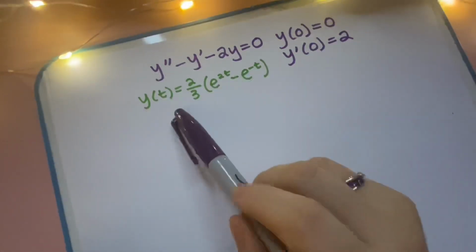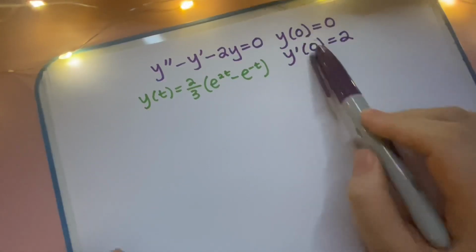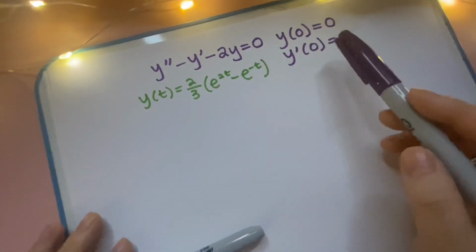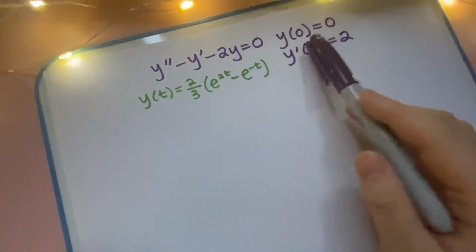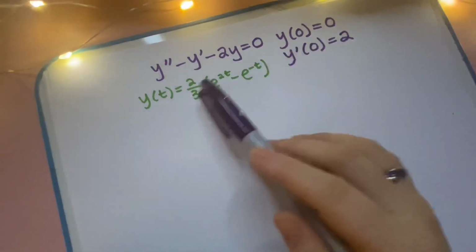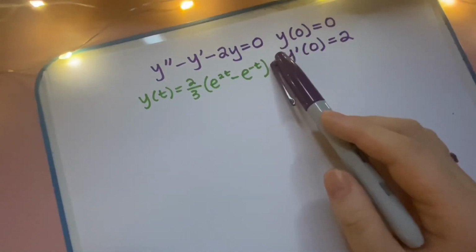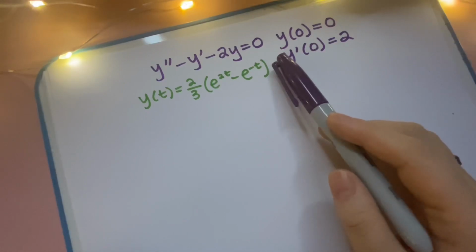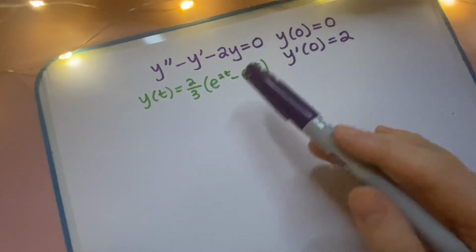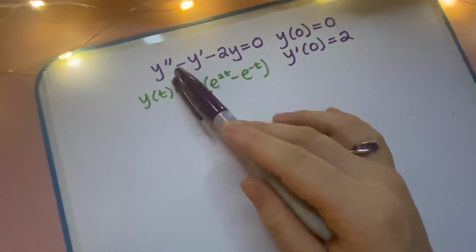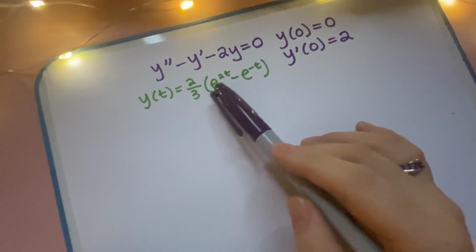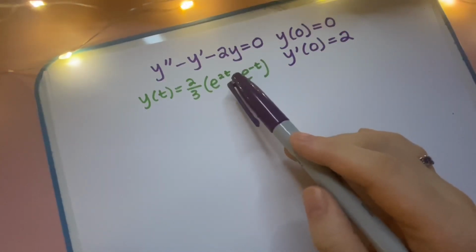Well, let's first make sure that these initial conditions hold. So this is a little bit of something for our algebra friends. If you watched through the last Laplace transform example where we actually got to this answer, there was a bit of algebra as well, right?